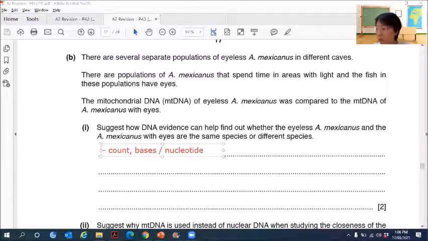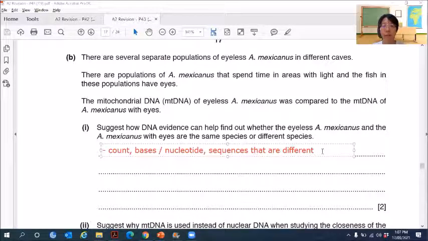This is a very important word that you need to have in your answer to score. Based on the temperature denaturation, we can find out and count the number of bases where base sequences are different. So we'll know how many base sequences are different.